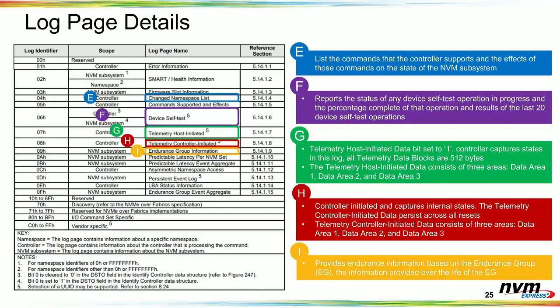Telemetry is an interesting area where either the host can request the telemetry or the controller can initiate the telemetry request and provide useful information about the drive warnings and the drive failures over the life of the drive. There are different areas. I think they call it DA1, DA2, and DA3, and they can capture different types of information there.